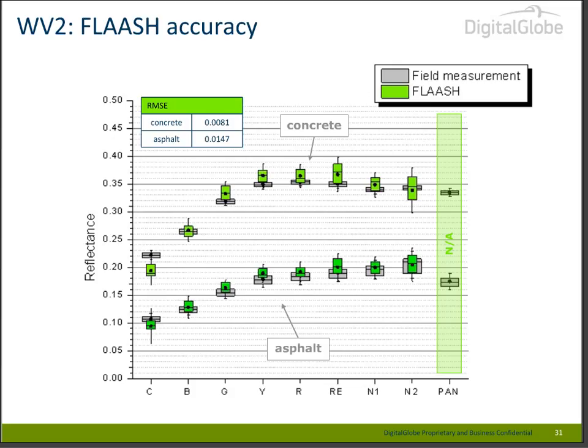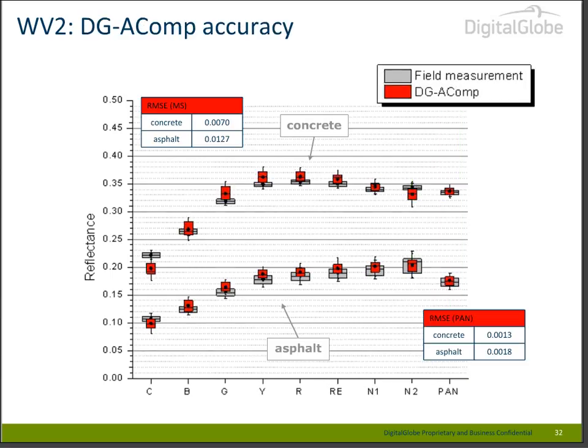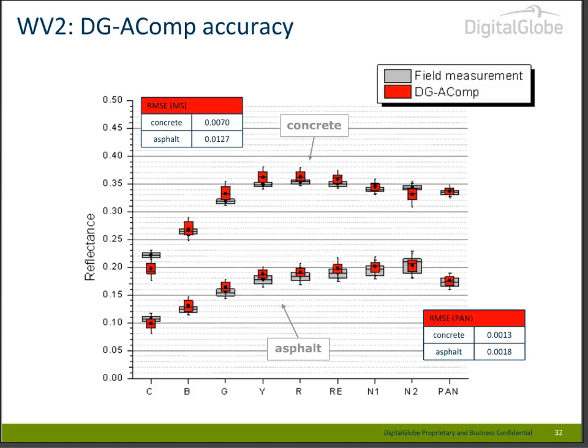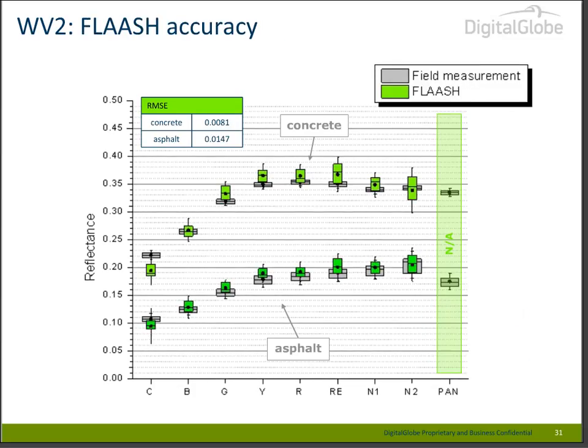On the other hand, FLAASH, as expected, is performing very well, and you can see that there is almost no error compared to the field measurements. On the other hand, FLAASH doesn't provide any retrieval for the panchromatic band. Finally, DigitalGlobe. As you can see, DigitalGlobe performs very similarly to FLAASH.